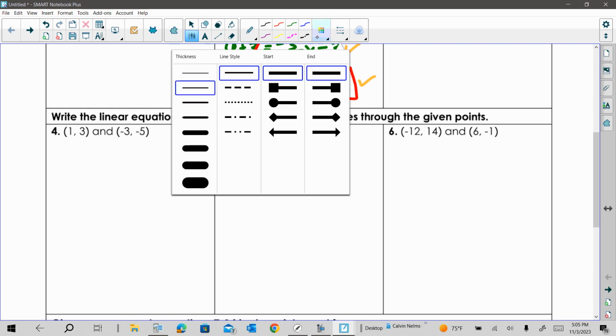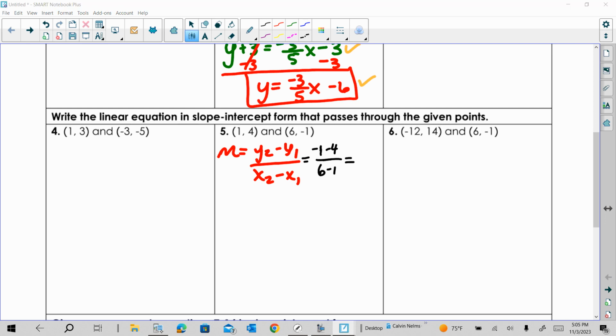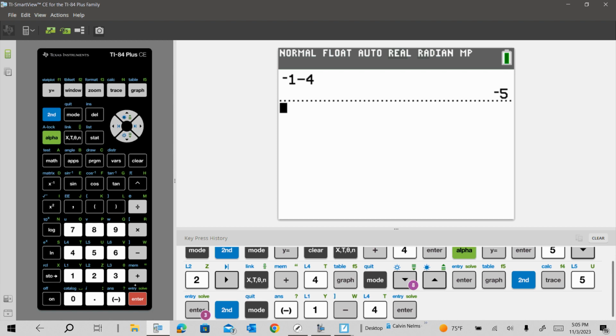We substitute our y2 and y1, so this would be -1 minus 4 all over 6 minus 1. You can do the operation for the top if you're not sure: -1 minus 4 is -5, and 6 minus 1 is +5.